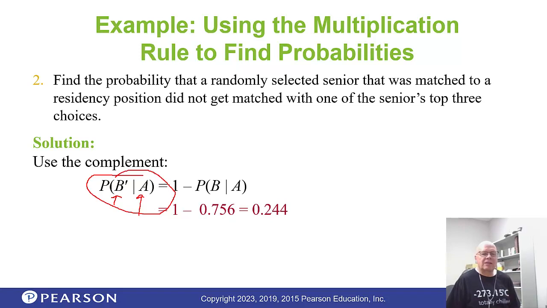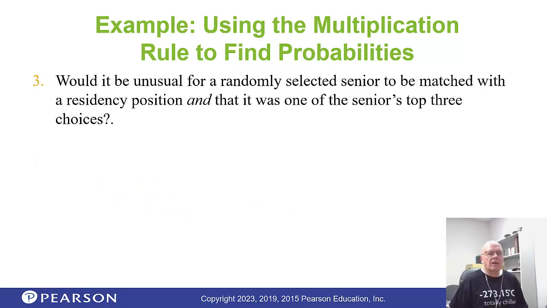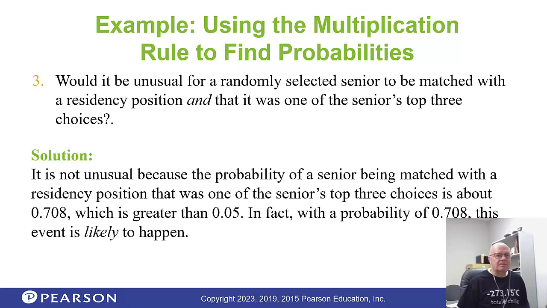So how do we do that? 1 minus the top 3 choices, that's 0.244. Now, would it be unusual for a randomly selected senior to be matched with a residency position and it was one of the senior's top 3 choices? It's not unusual because it happens about 70% of the time. That means it happens all the time.